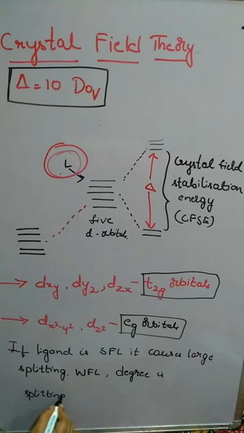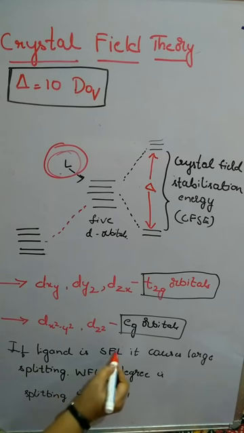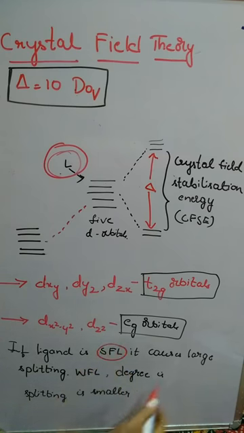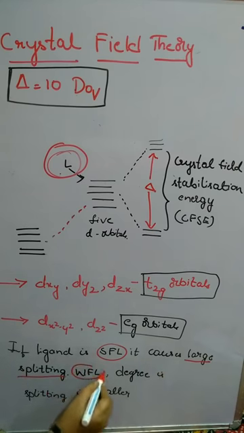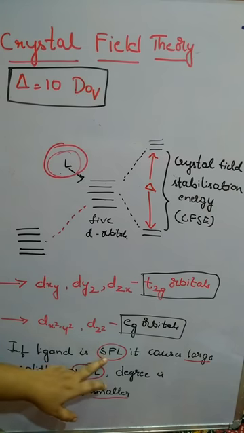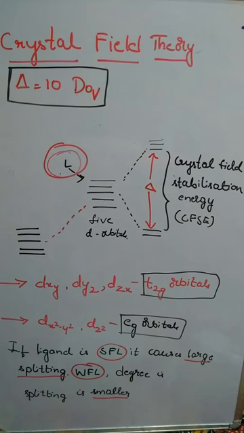The splitting of d orbitals is completely based upon the ligand. If the ligand is a strong field ligand, then it is a larger splitting. If it is a weak field ligand, then the splitting will be smaller. So this is the distinguishing thing between the strong field ligand and the weak field ligand.